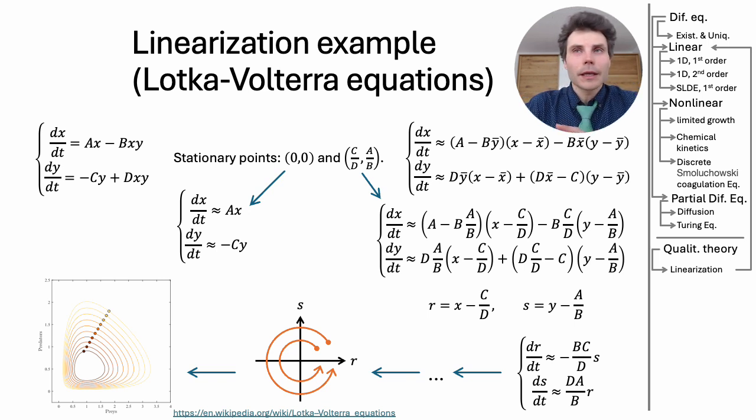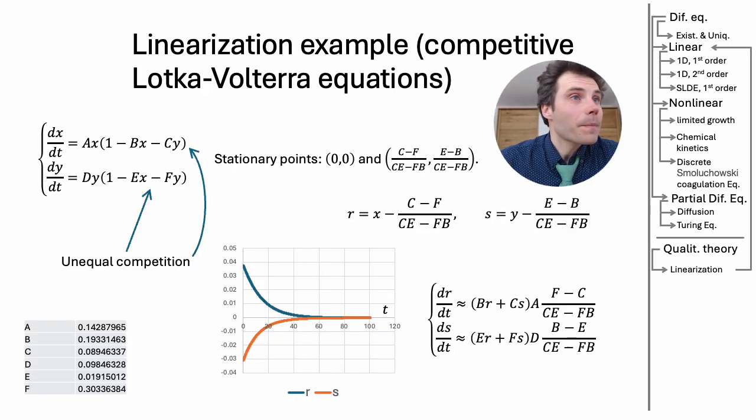Another example is the two-dimensional competition equations. We already have discussed the one-dimensional competition equation, when the population grows exponentially first, and then it reaches some limits because the population becomes too dense. What happens if we have two populations of the same kind? We have here the population X and the population Y, and they both have this exponential growth term, but they both experience the effect of competition.